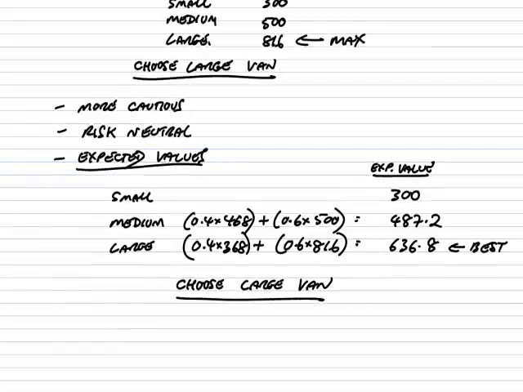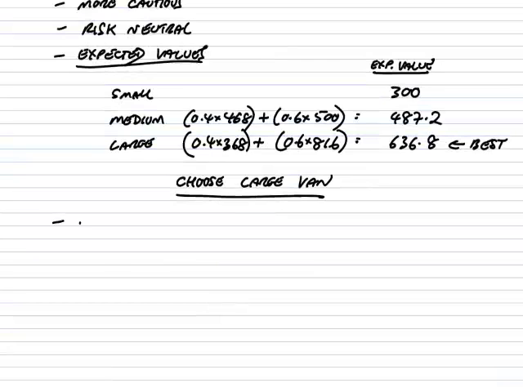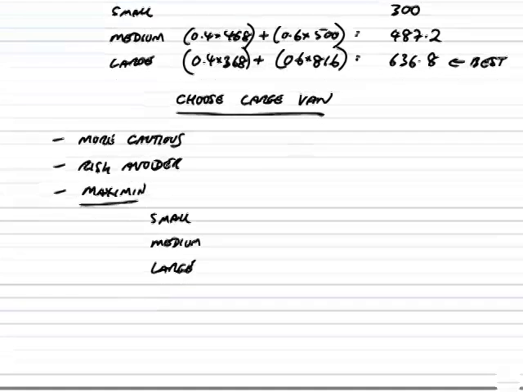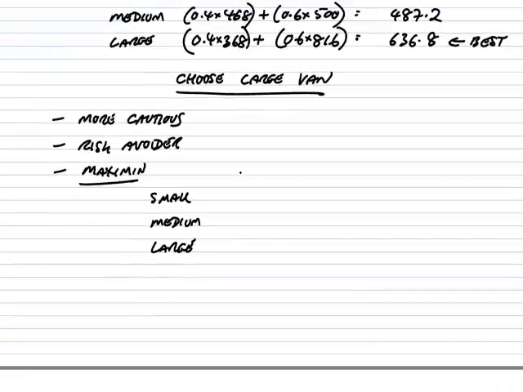However, given that we're more cautious, the other approach we might take is a risk avoider approach. Maximin. And so again, for each of them, small, medium, large, in each case, what's the worst outcome or the minimum?